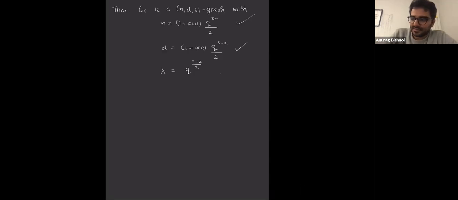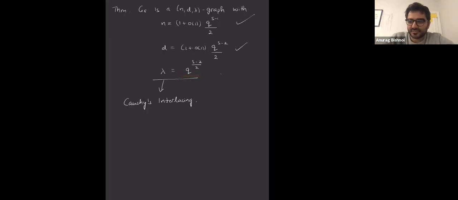And this follows from, again, just applying the interlacing theorem. Because again, we just take an induced subgraph. So your adjacency matrix is again a principal submatrix. So you can bound the eigenvalues by the same bound.